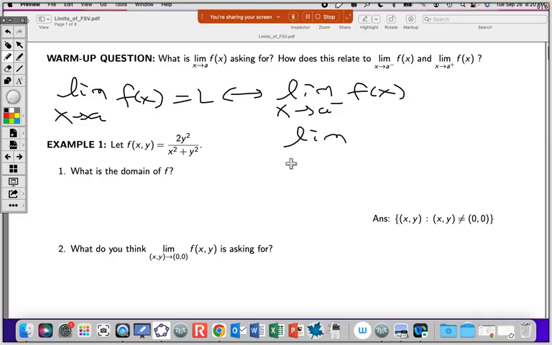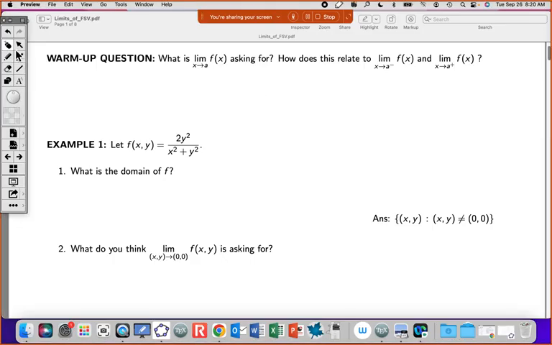Yeah, they have to be the same. They also have to both be L. Okay? So depending on what's going on with the function, sometimes you got to break it down and look at what's going on coming in from the left and what's going on coming in from the right and check to make sure those are the same.